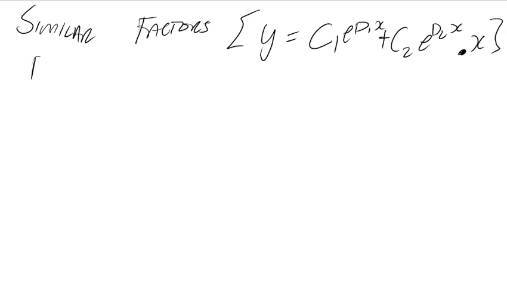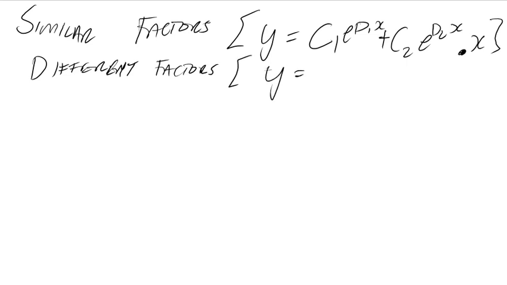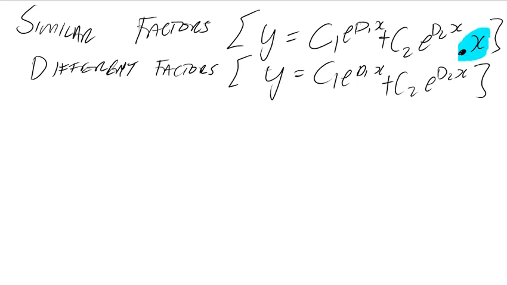Then different factors, y equals c1 e to the d1 x plus c2 e to the d2 x. So the difference between similar factors and different factors is that with this one you put x if they are similar. It's repeating, so you put x.